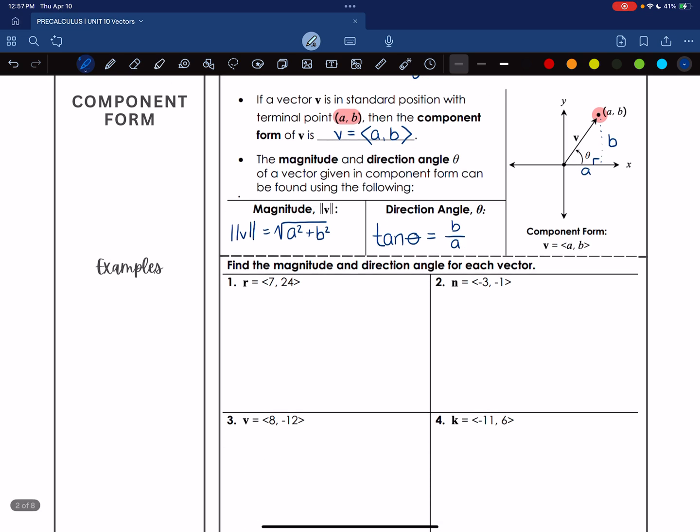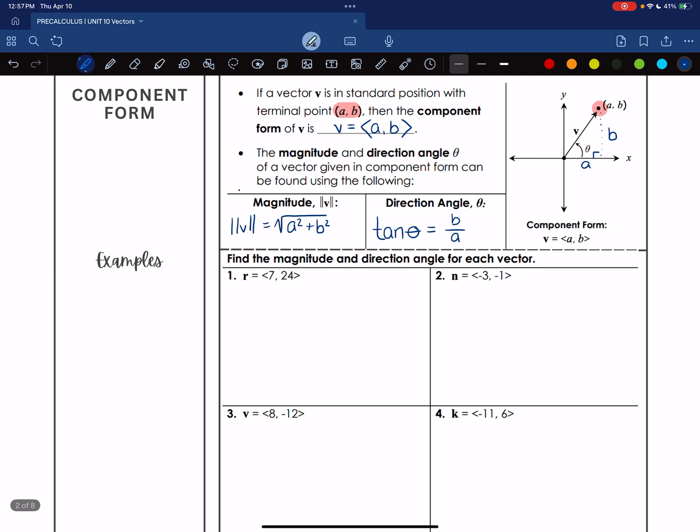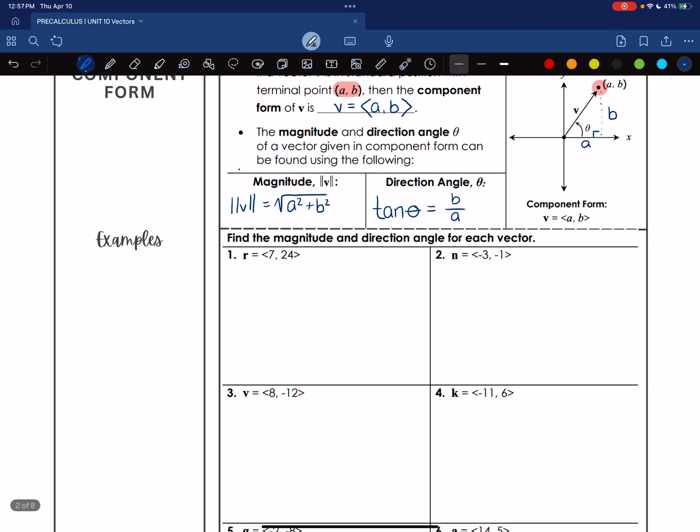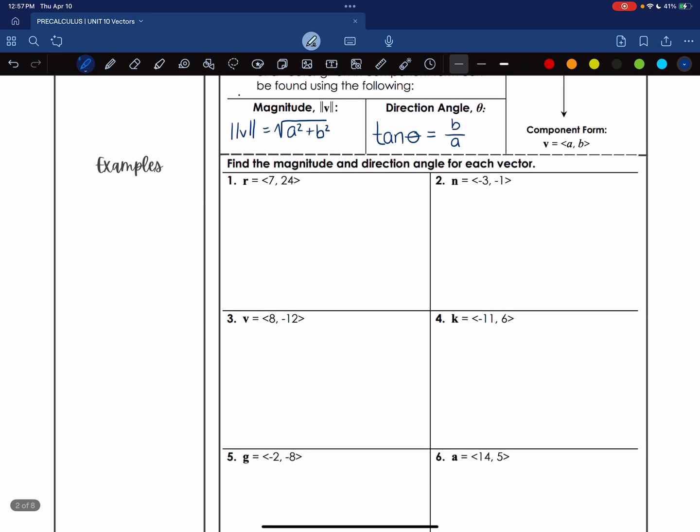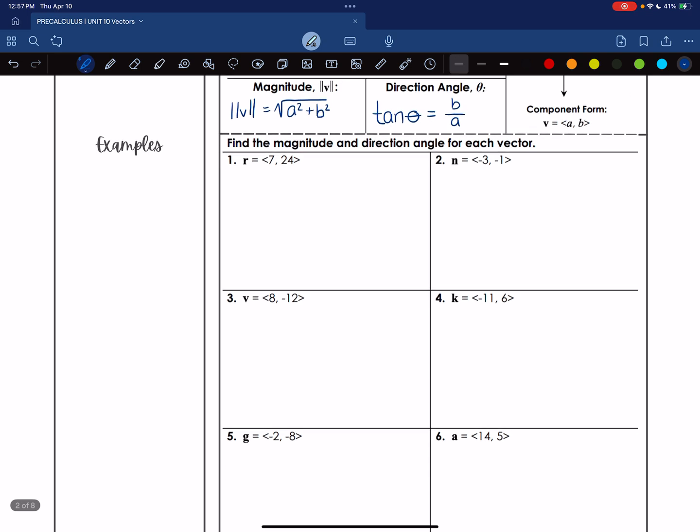And we're going to do that now. We're going to find the magnitude and the direction angle for each vector in these examples. So let's go ahead and begin. If we're going to find our magnitude, it is found by taking the absolute value of the vector, written with this notation that looks like a double absolute value.